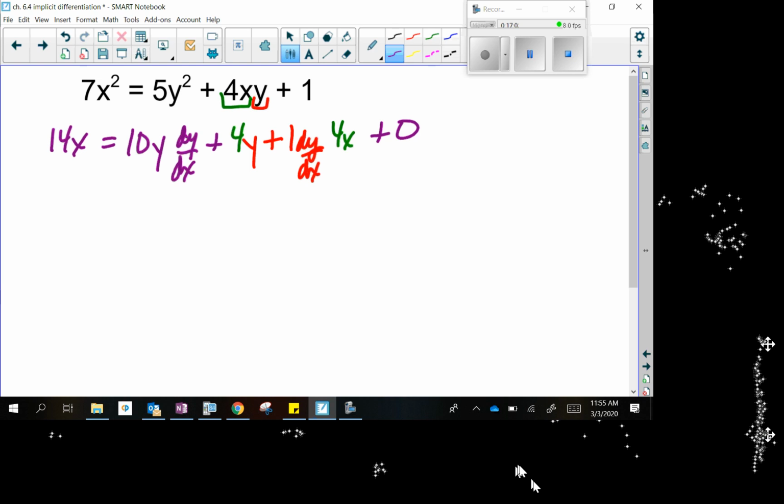Anytime I have to do the product rule, I like to write it exactly the way I say it: derivative of the first times the second plus derivative of the second times the first. Now, this term is really a 1 times a dy dx times a 4x. So we can actually write that term as just 4x dy dx. Does that make sense to everybody?